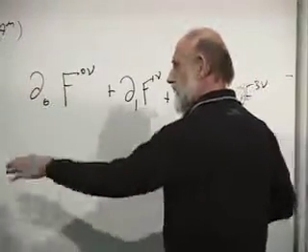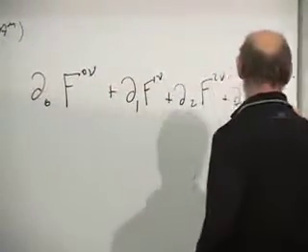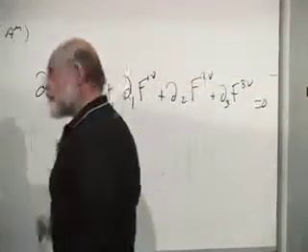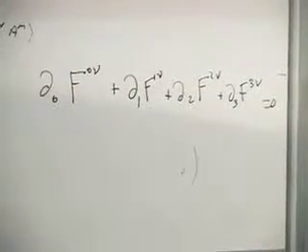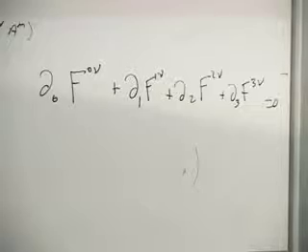This is what's on the left-hand side, and that's equal to 0. Let's see what's there. We have to pick a nu. Pick a nu for me. Which nu do you want to study?